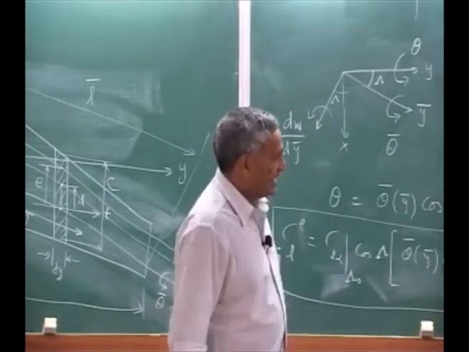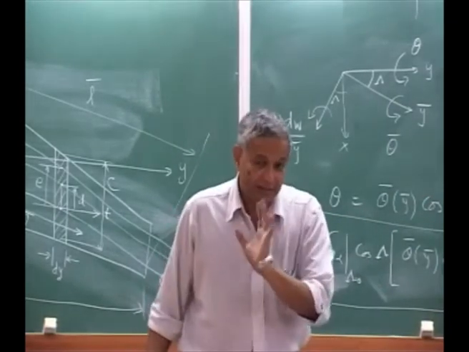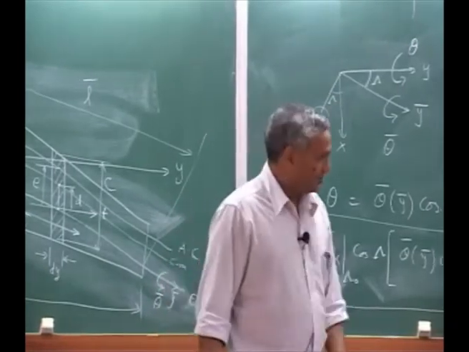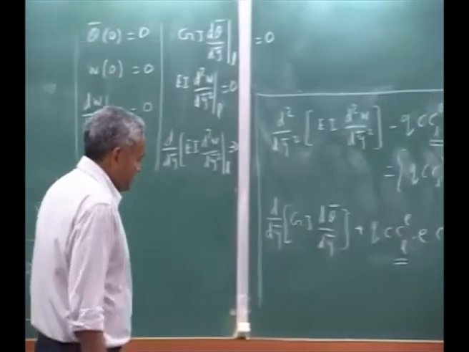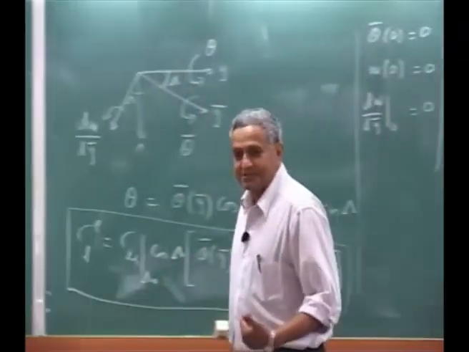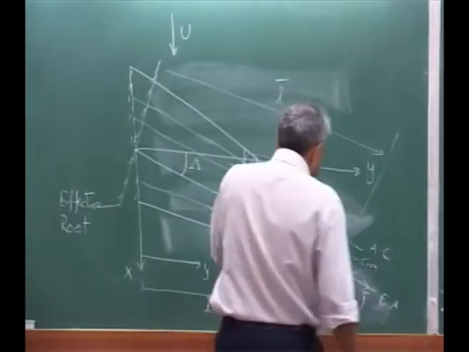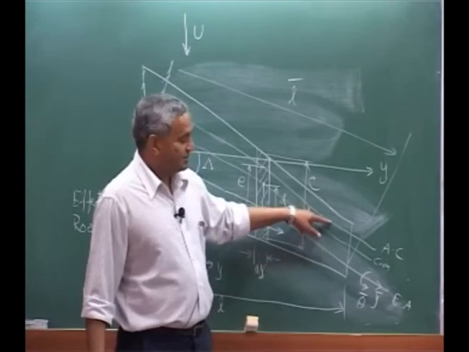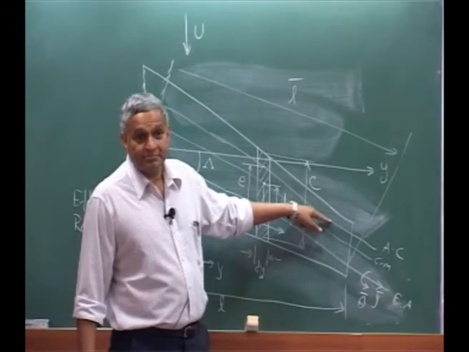Now if you want to eliminate coupling, this is a little different. Eliminate coupling in the sense, put e equal to 0. That means my elastic axis is coinciding with my aerodynamic center.